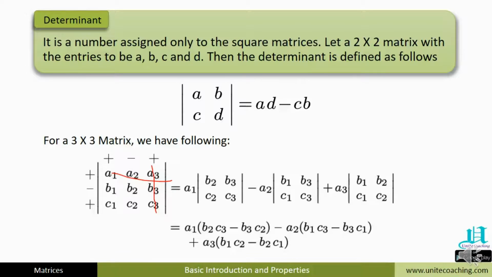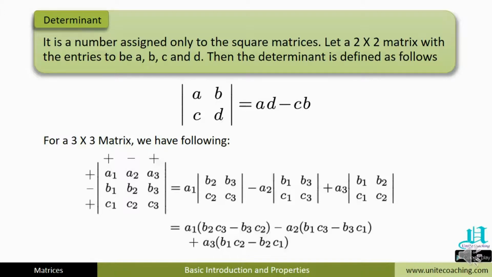So a1 into b2 c3 minus c2 b3, minus a2 into b1 c3 minus b3 c1, okay, now plus a3 into b1 c2 minus b2 c1. Okay, so this is how we define a 3 cross 3 matrix determinant.